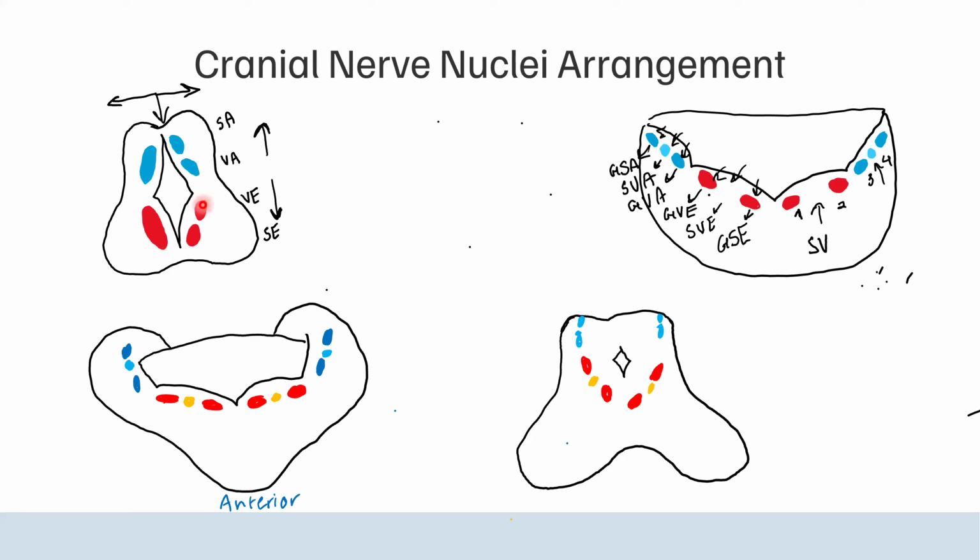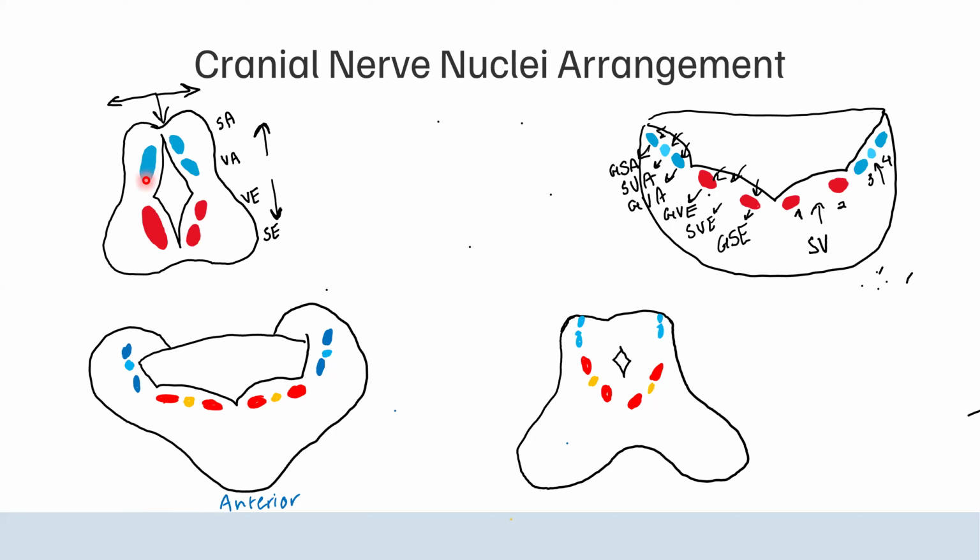So looking at the spinal cord and the arrangement that we typically have during embryonic development, you can see that we start off with a basal plate and an alar plate, right? The basal plate carries the motor and efferent fibers, while the alar plate carries the sensory or afferent fibers.